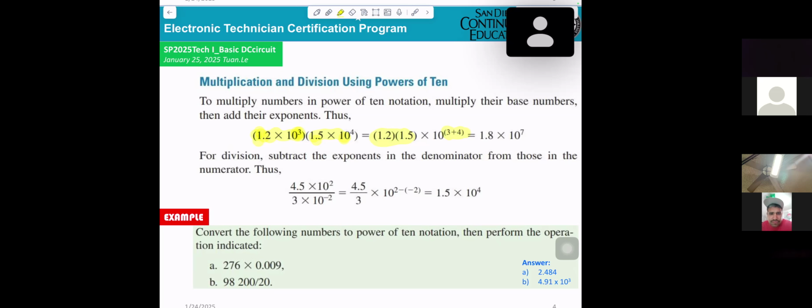And for division, if you get a number here divided by 3 times 10 to the power of minus 2, what can you do? 4.5 divided by 3 is 1.5. The power will be 2 minus minus 2, which will be 4. Okay.